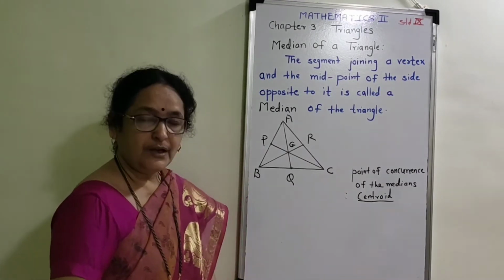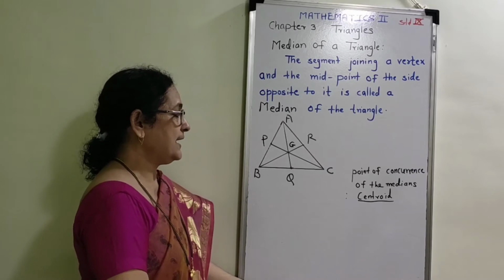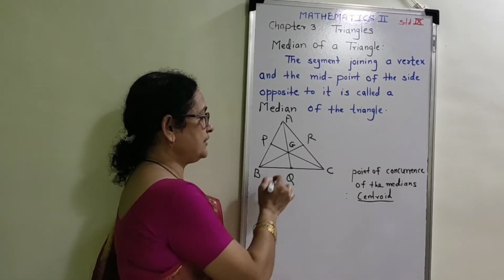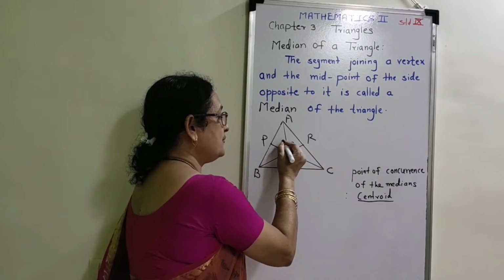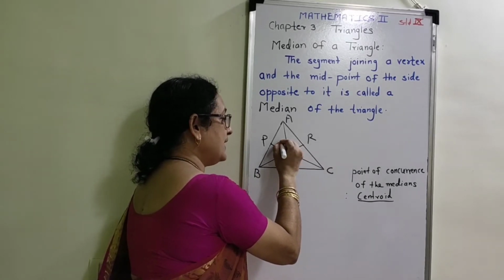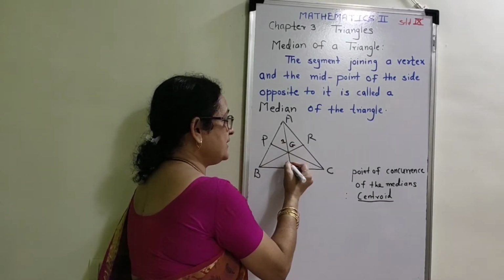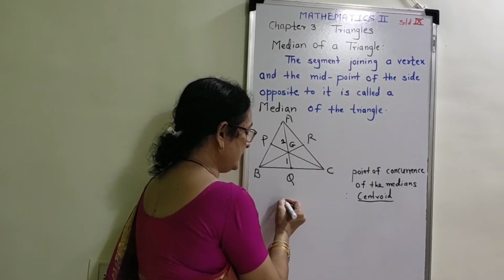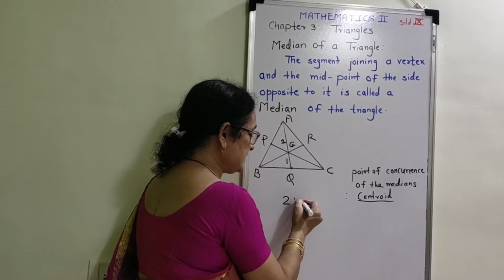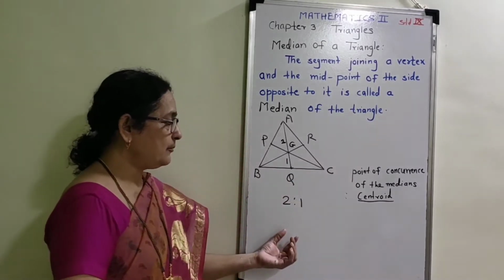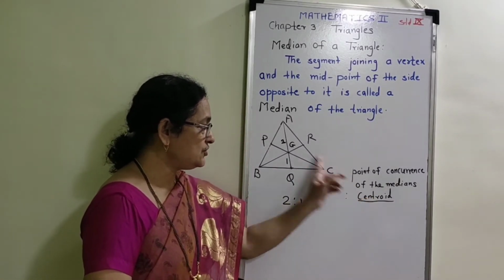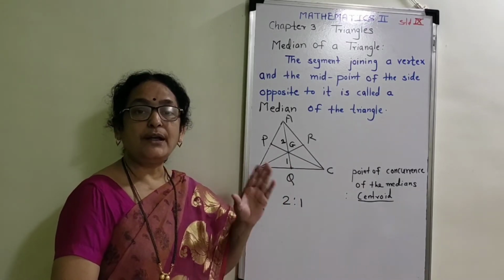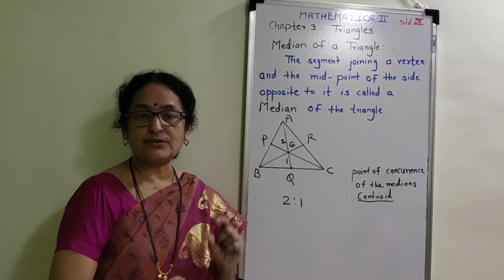Now here I am going to tell the property directly, but there is one activity given in our textbook. If you find the ratio, point G divides each median in the ratio 2:1.